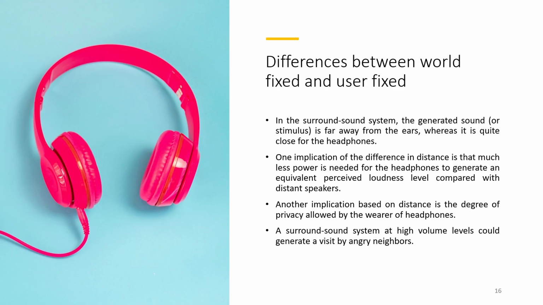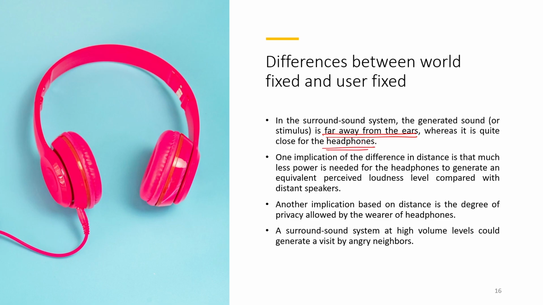So, let us appreciate the differences between world fixed and user fixed displays. In the surround sound system, the generated sound or stimulus is far away from the ears. The speakers are far away from the ears, whereas it is quite close for the headphones.